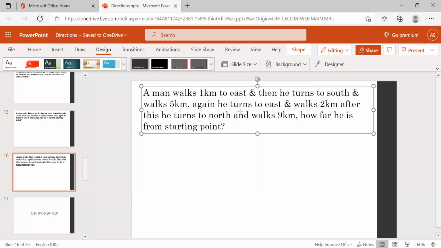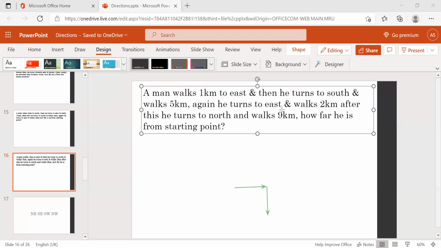A man walks 1 kilometer to the east and then he turns to the south. Even south or right, both are same. So walks 5 kilometers. First, 1 kilometer to east, then he turns to south and walks 5 kilometers.